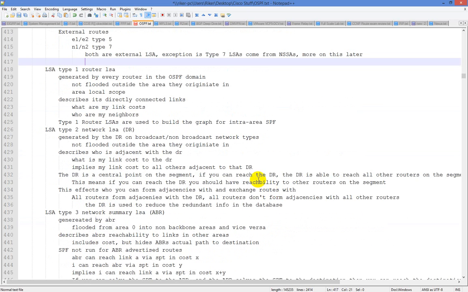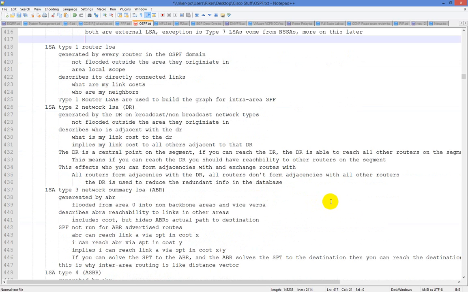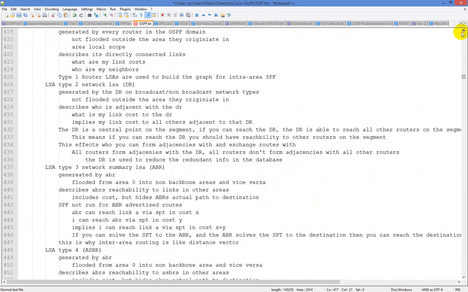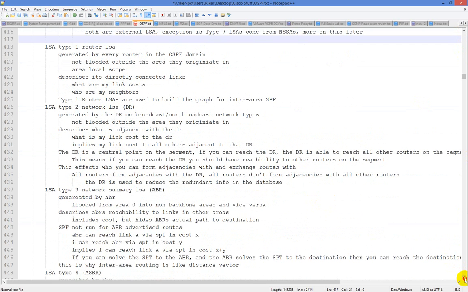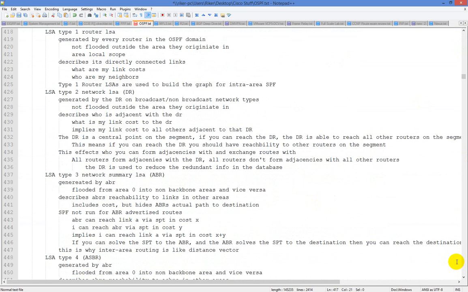Now, Type 1, we'll talk about the different LSA types for just a moment, and we'll get into it as we go along. So the router LSA is generated by every router in the OSPF domain, and they are not flooded outside the area they are originated in. They have area local scope. So it describes directly connected links. What are my link costs and who are my neighbors?